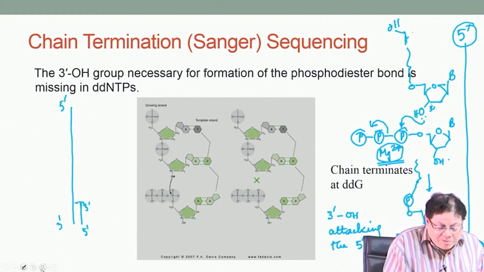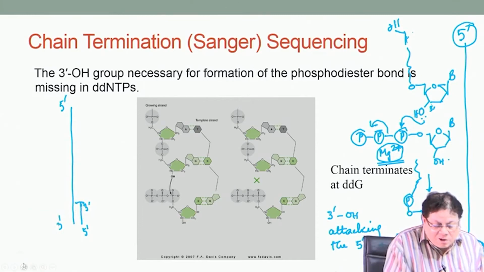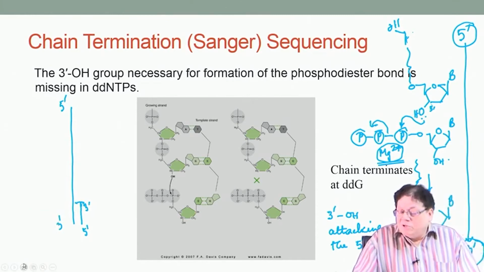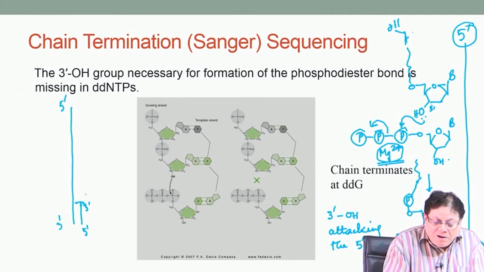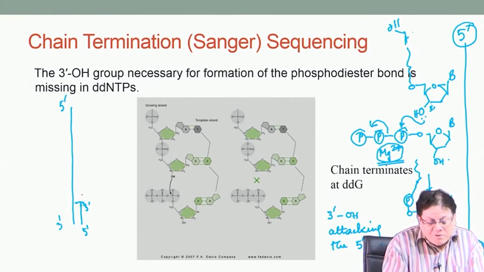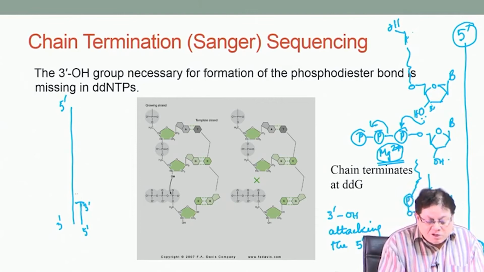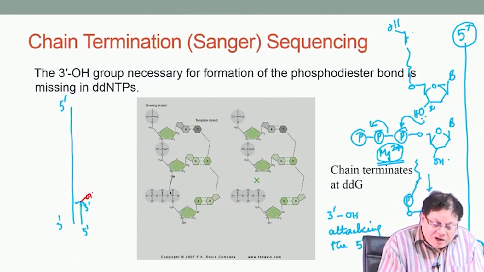So, that is the primer, and then as you add all these deoxynucleoside triphosphates, depending on the sequence here, whether A is there or G or all these sequences, the complementary base containing nucleoside triphosphate will be brought here, and this 3 prime OH is free.